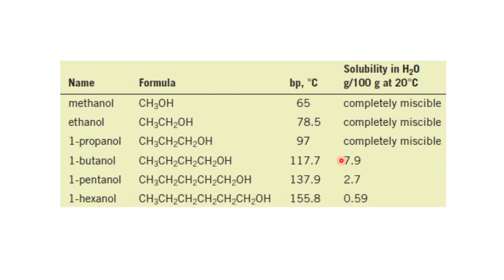The solubility goes lower with pentanol, and hexanol is insoluble. Why is this? By increasing the hydrocarbon part, the solubility of alcohol in water decreases. As the number of carbon atoms in the alcohol increases, the solubility decreases.